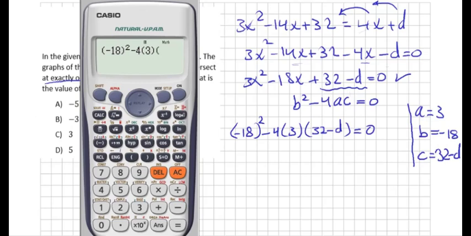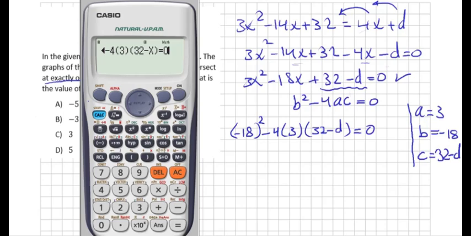Then open one pair of parentheses and write 32 minus d. The calculator stores every variable like d with a letter like x. So alpha with this button right here, and then close the parentheses and write equal to 0. This equal sign comes from alpha with this button right here, and write 0.